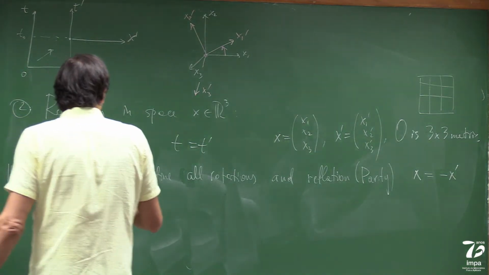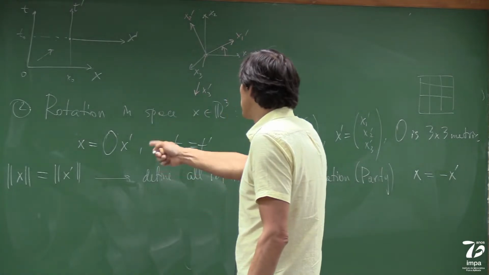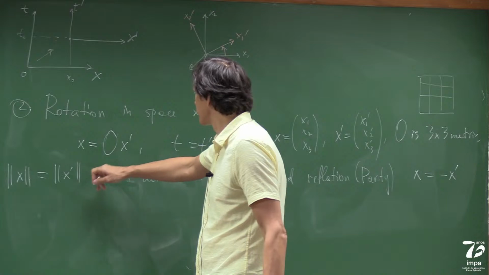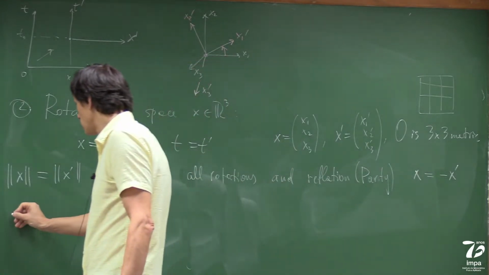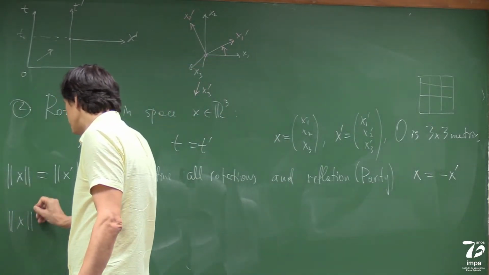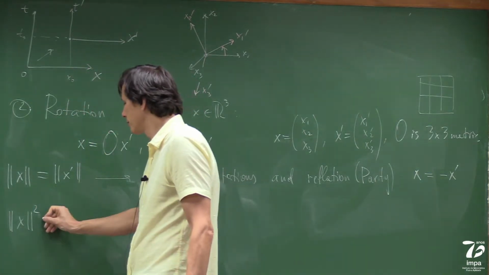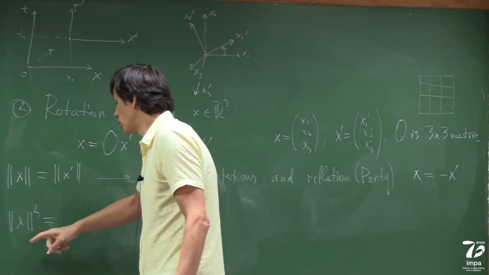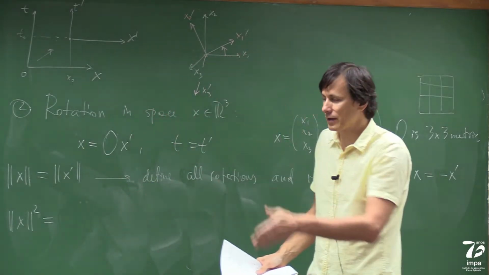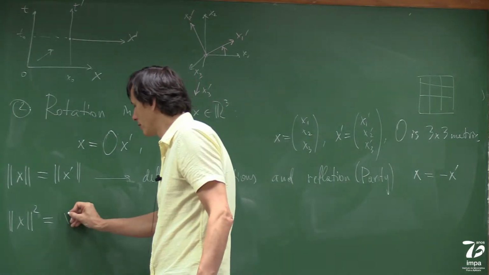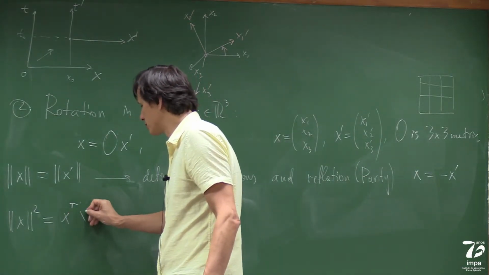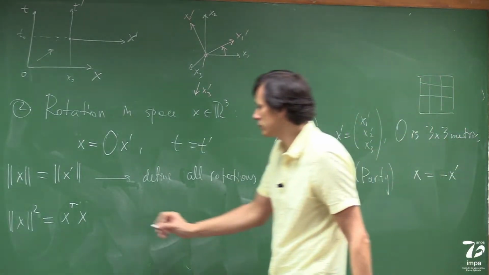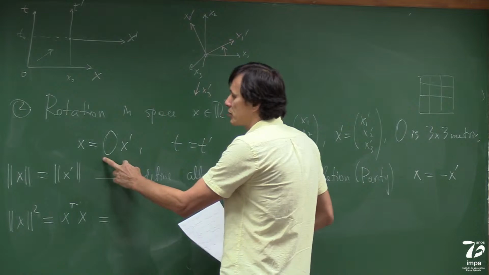Okay, so we can now define how this relates to matrix O. Let's compute the norm squared. If x is a vertical vector, from linear algebra you can remember that the norm squared is the transposed vector, which is a row, times the vertical vector. And now we can substitute this expression.